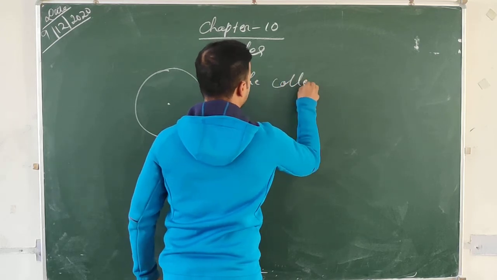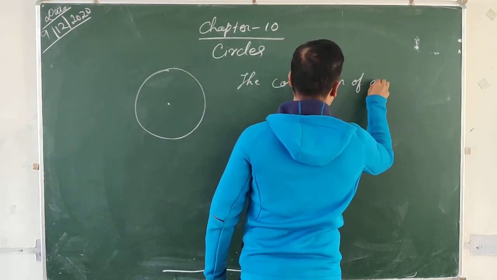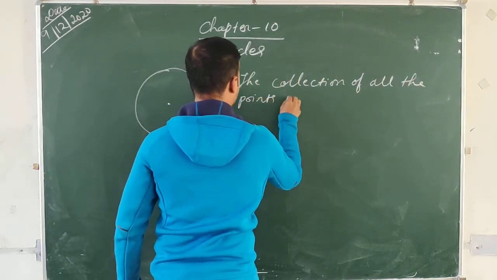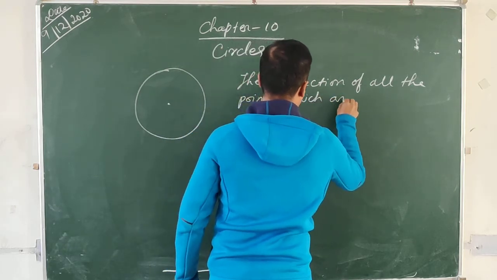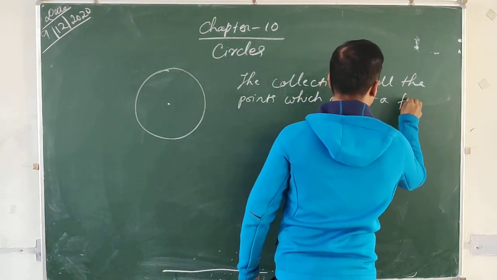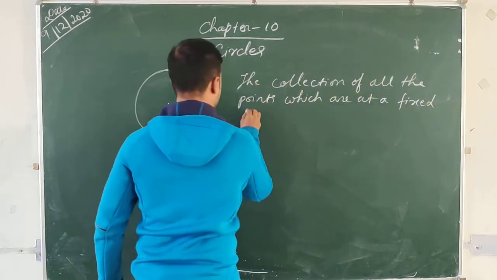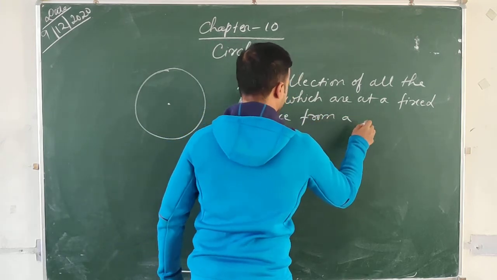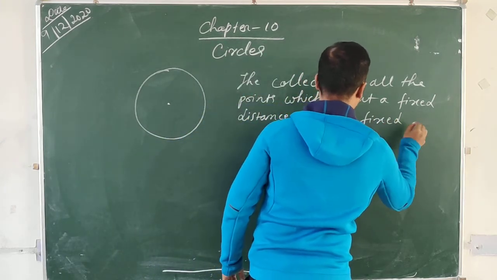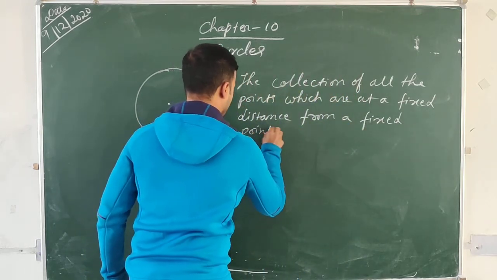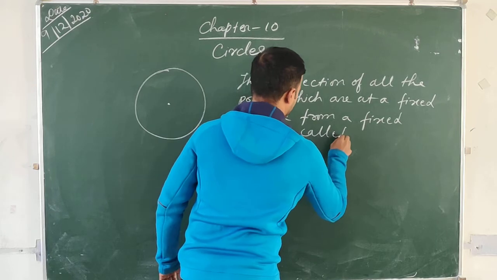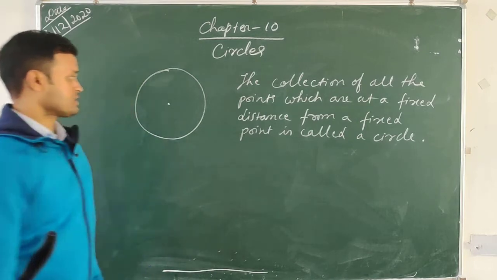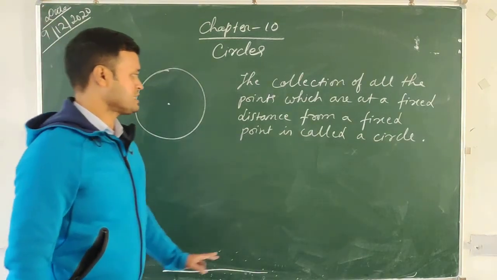The collection of all the points which are at a fixed distance from a fixed point is called a circle. The collection of all the points which are at a fixed distance from a fixed point.